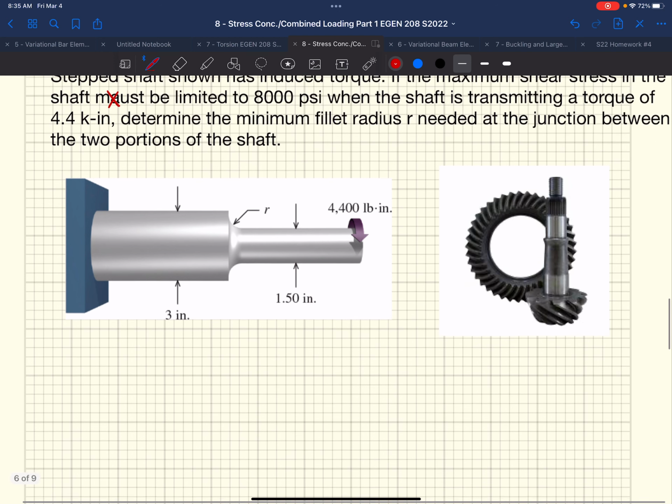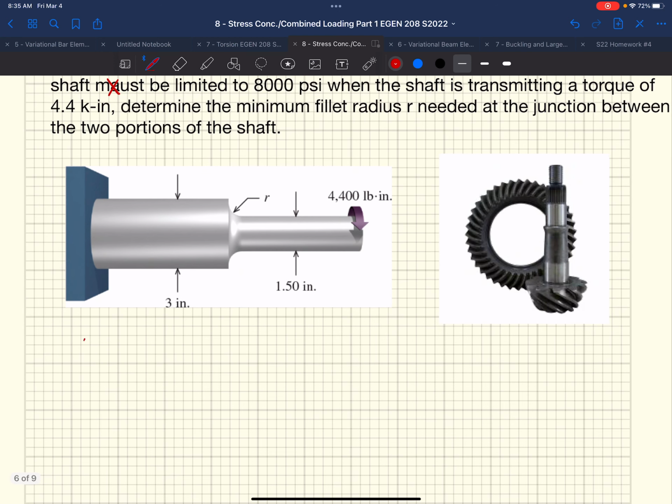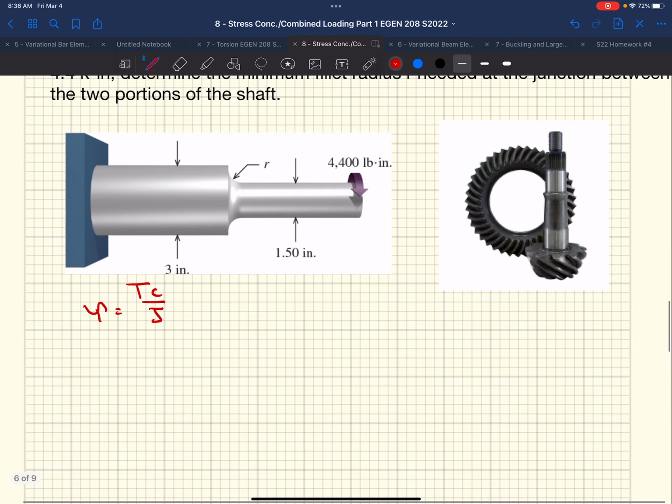Well, we know our shear stress is Tc over J. This would be our maximum shear stress, either out here at the gross radius, the major diameter, 3 inches, or the minimum diameter, 1.5. And we have all of that information. We have the torque applied, we have the major and minimum diameters, and we have J because we have the diameter.